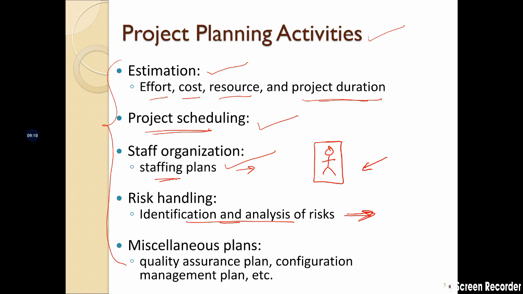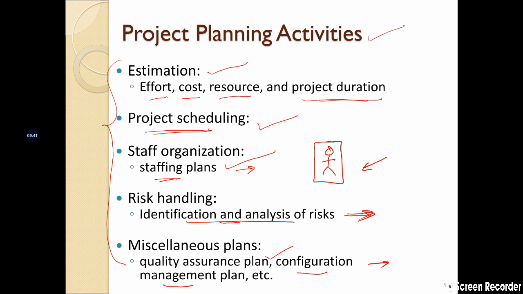And then there are some other miscellaneous plans like quality assurance and configuration management. This configuration management is related to the software configuration management, where I told you about licenses and versioning and all that. Quality assurance plans is basically where you are assessed. On a regular basis, there's a quality audit team in all the organizations, and they come and check whether you're following the proper processes that are required for a good company.